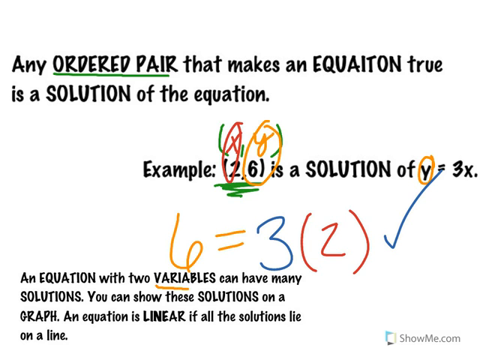A variable are these symbols, X, Y, Z. Any letter in a problem is a variable. Also, if you'll notice the word linear, it has right here the word line. So that's one way you can remember that vocab word: in a linear equation, when you graph it, you'll get a straight line.